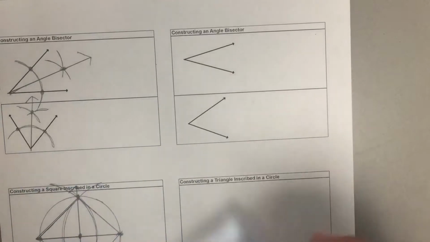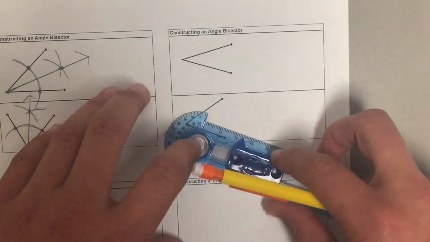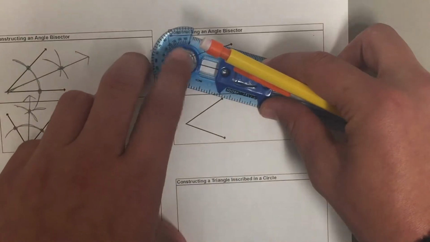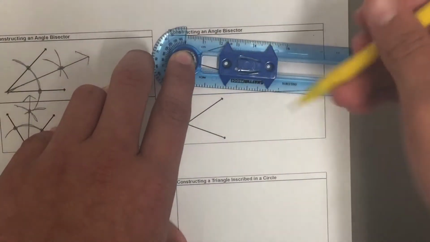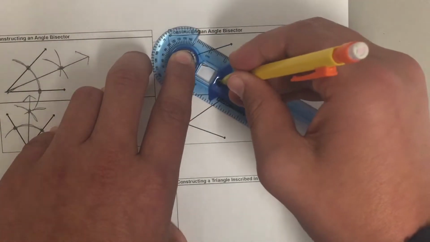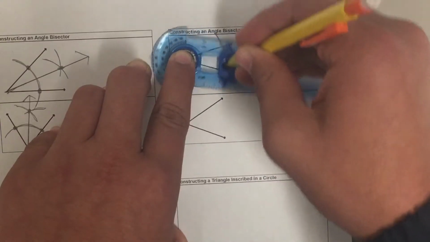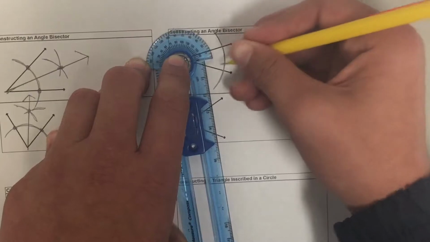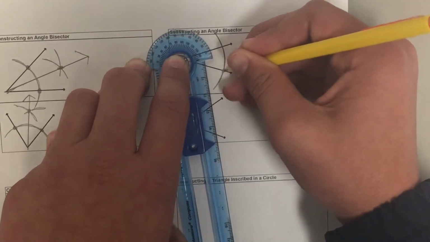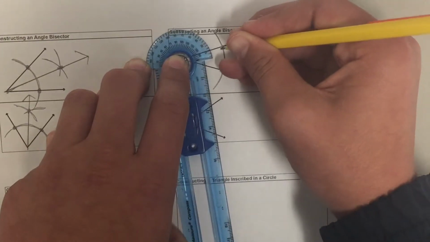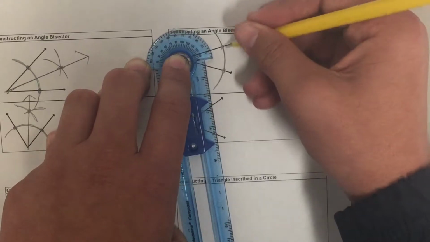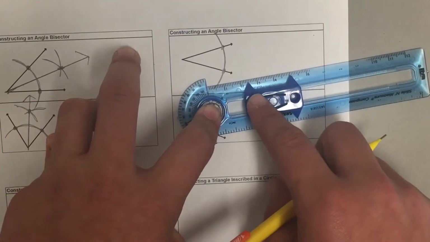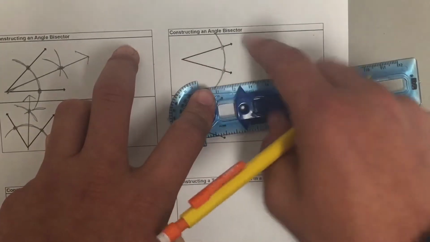In constructing an angle bisector, you want to put the center of your compass on the center of the angle, and you want to make an arc that goes through both lines, and you're going to put a point right there where the arc intersects with both of the lines. You're going to have the radius set at the same point that you made the arcs with.